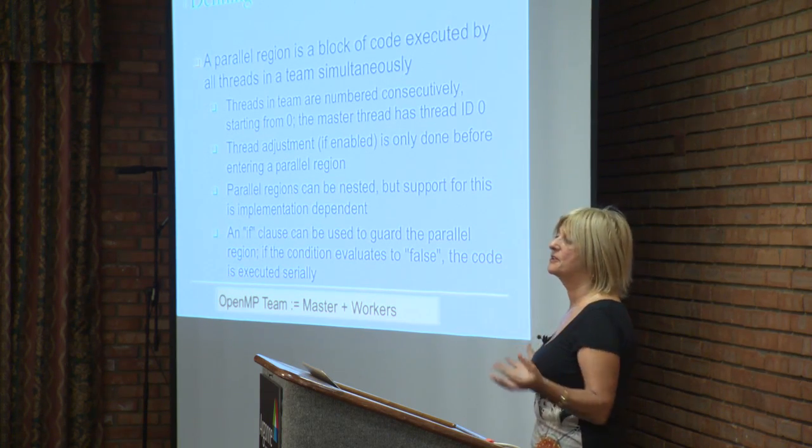You don't always know whether there's enough work to justify parallel execution. There's also an if clause. When you say parallel, you can also put if there with a condition. Depending on the value of that condition, at runtime it will either be executed in parallel or sequentially. So that's evaluated dynamically.